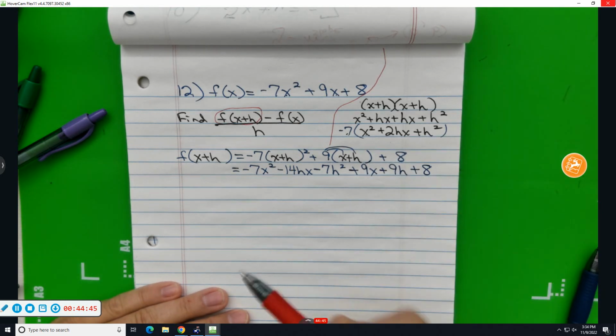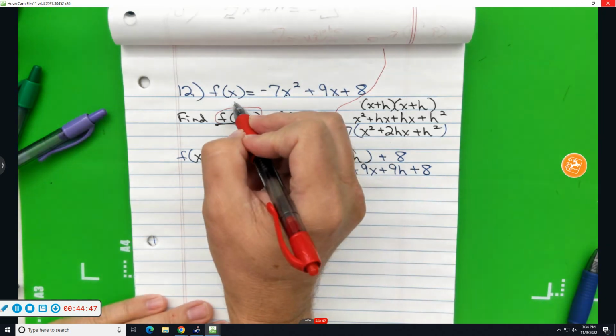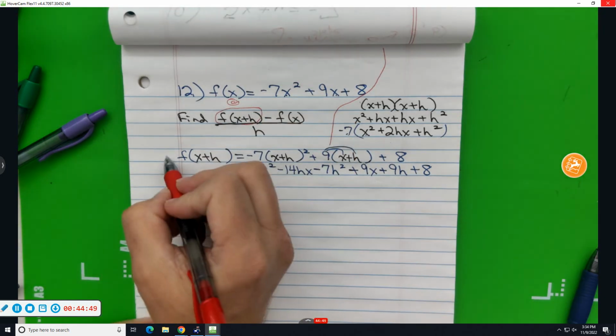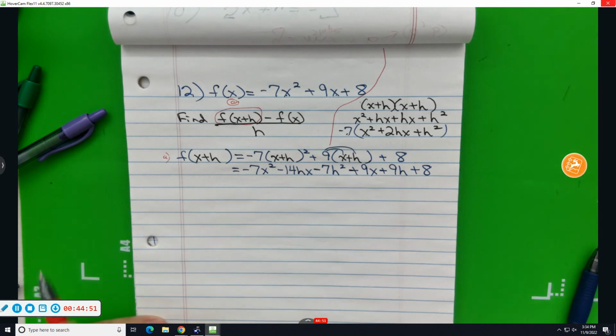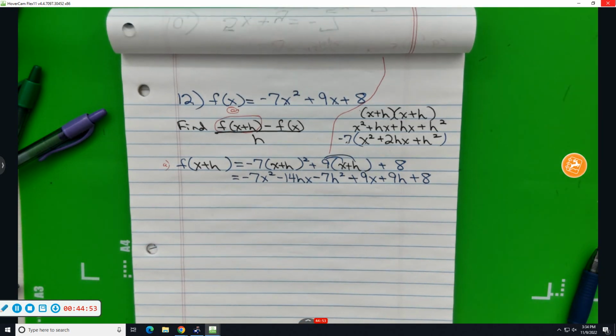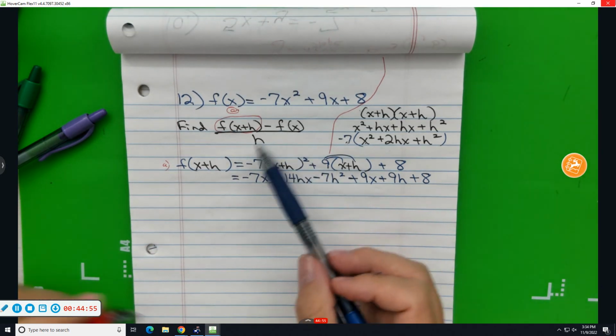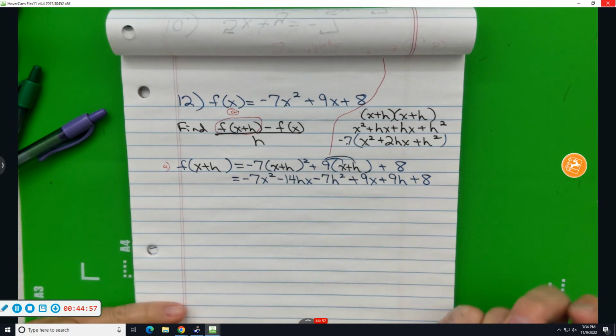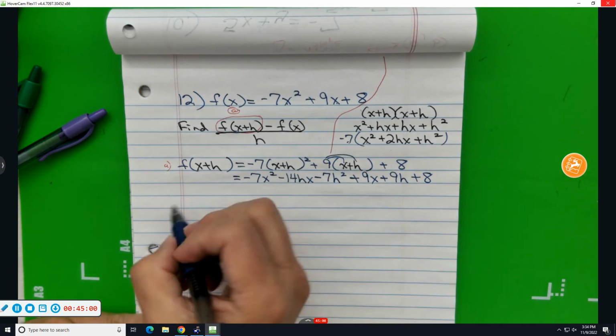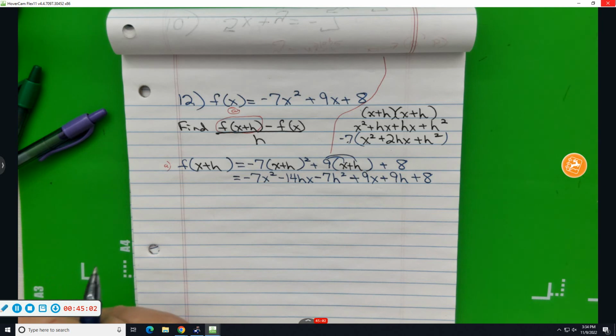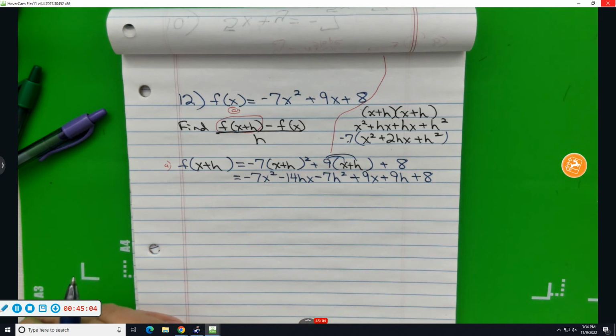So the first thing I did, I think of that as my A part. I found f of x plus h. The rest of these, there are 3 steps here. The next two are pretty fast. As I said, f of x plus h is usually the longest part of the problem.